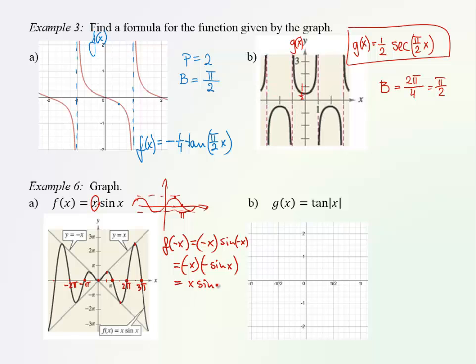So we end up with the same f of x, which means that f is even. That's why the graph to the left is a reflection of the graph to the right. So it's a funny wave like that, with higher and higher amplitude, oscillating between these two diagonals.